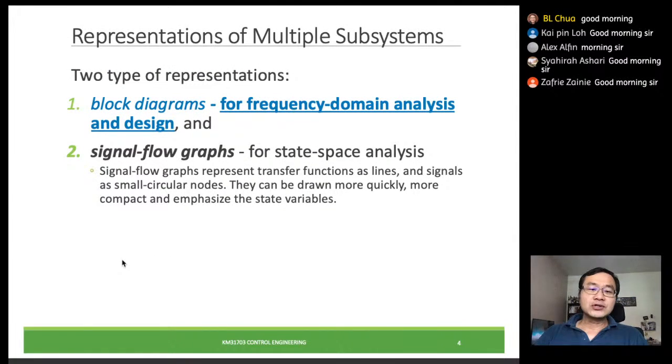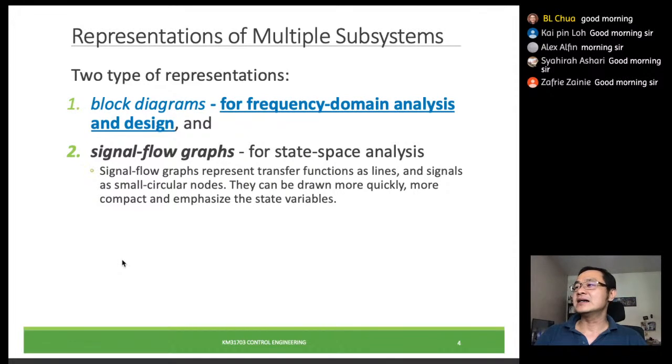To represent a system that consists of multiple subsystems, we have two methods. The first is the block diagram, as in the title of this session, which is usually suitable for frequency domain analysis and design, whereas the signal flow graph is more convenient for another type of analysis, which we call state space analysis.